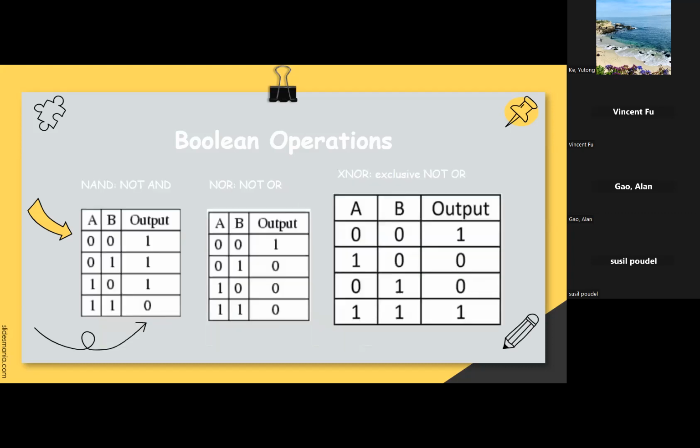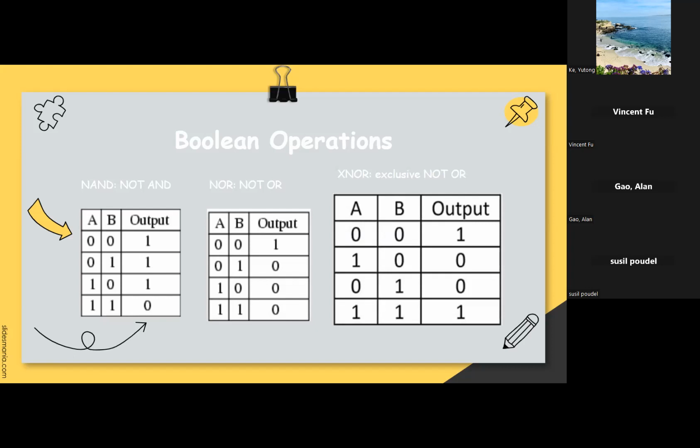Okay, and then here's the rest of the Boolean operations. At the left side, we have NAND, which is short for not AND. So in the name, you can kind of tell that it's actually two operations, like the basic ones put together. It's the NOT operation plus the AND operation, right? So normally, if you go back to the other slide, the AND operation is only true when both A and B are true, right?